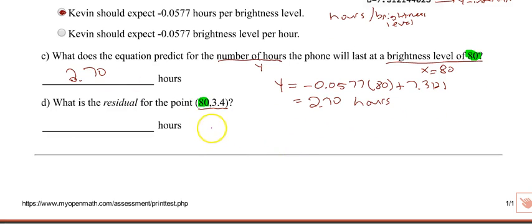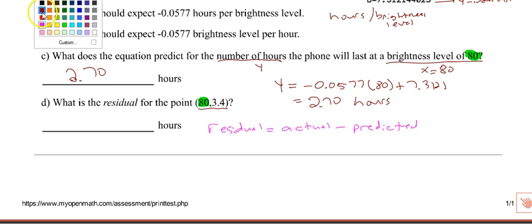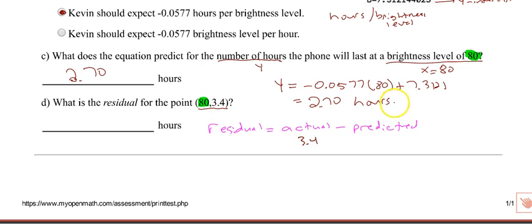So I'm going to write that out here. Residual is actual minus predicted. So again, in this problem we just did, the actual value for y is 3.4, and the predicted value I just got is 2.7.